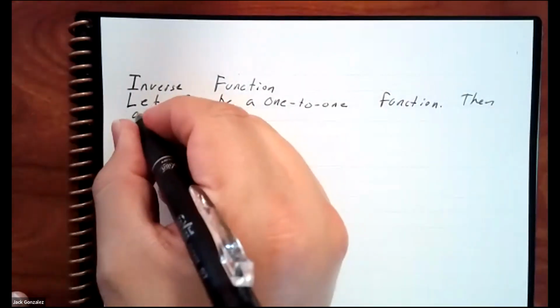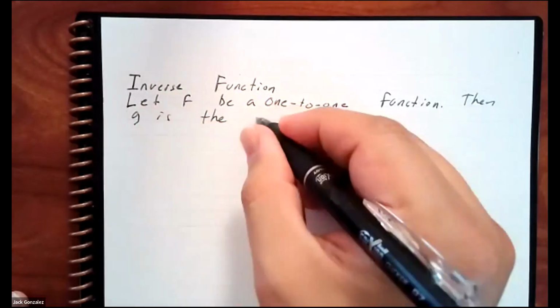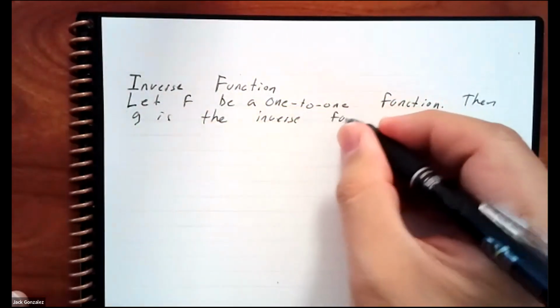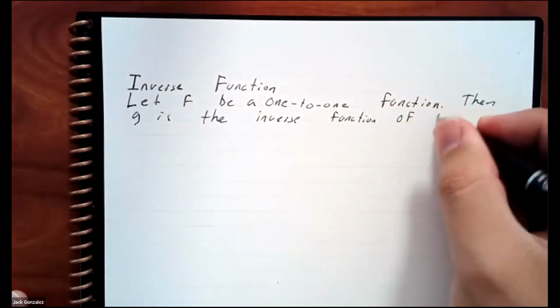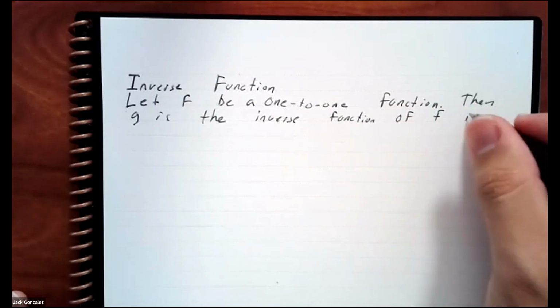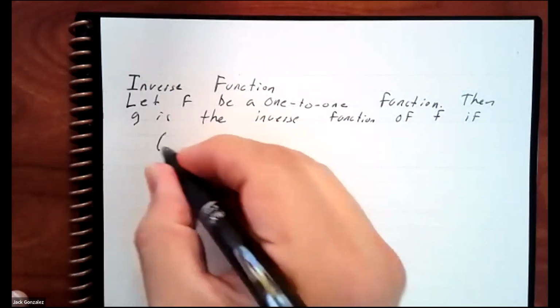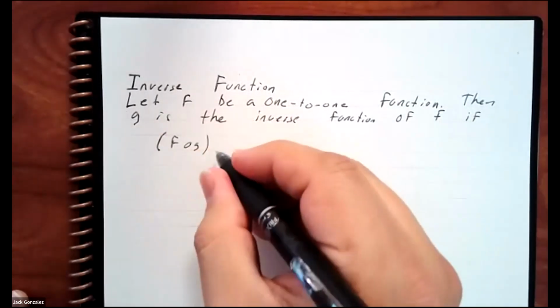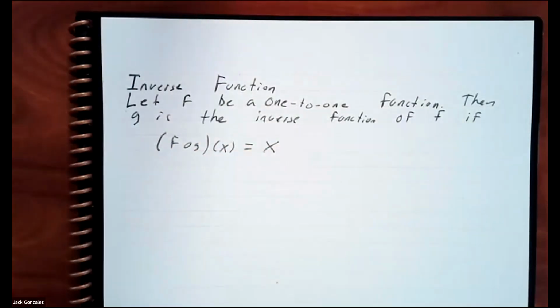Then G is the inverse function of f if you compose them with each other, they cancel out and leave you with just an x.